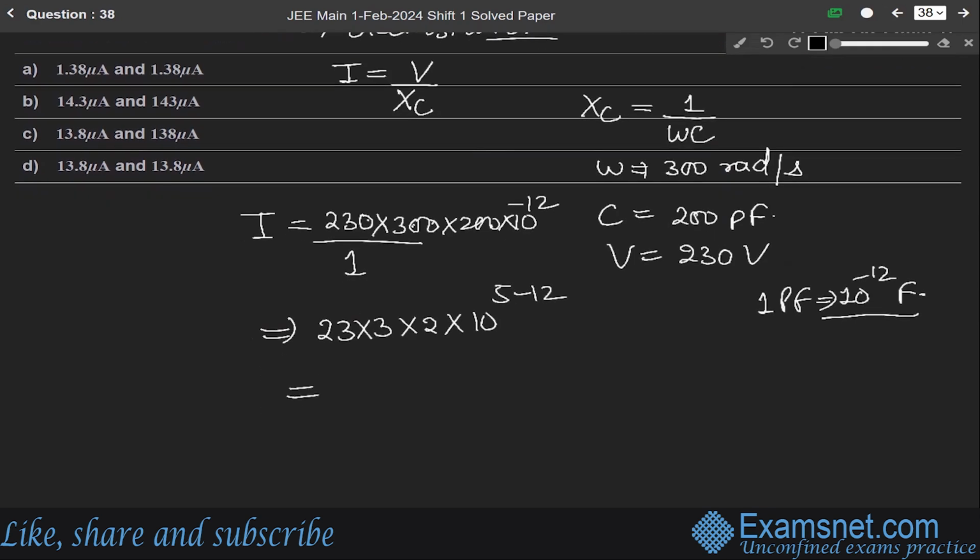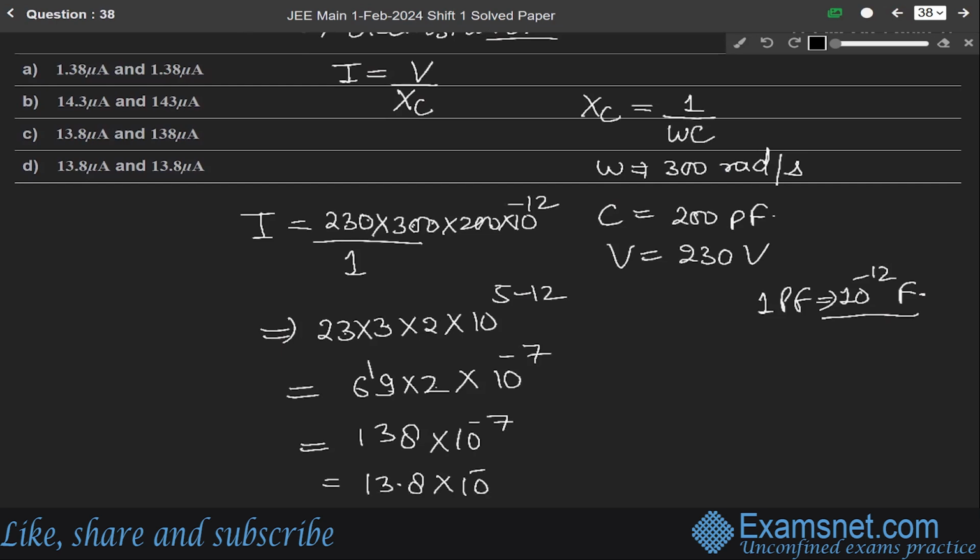So it will be equals to 3 3s are 9, 3 2s are 6 into 2 into 10 to the power minus 7. So it will be equals to 138 into 10 to the power minus 7. It means 13.8 into 10 to the power minus 6, means 13.8 microampere. So the correct answer is 13.8 microampere. Okay. So our correct answer is answer D.